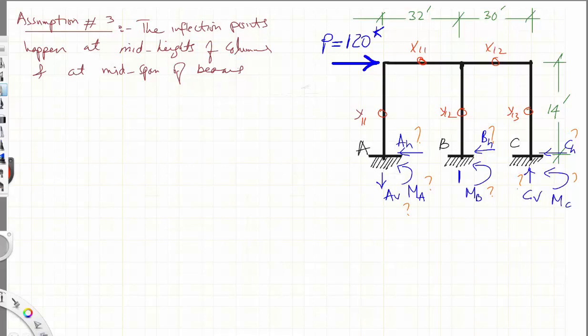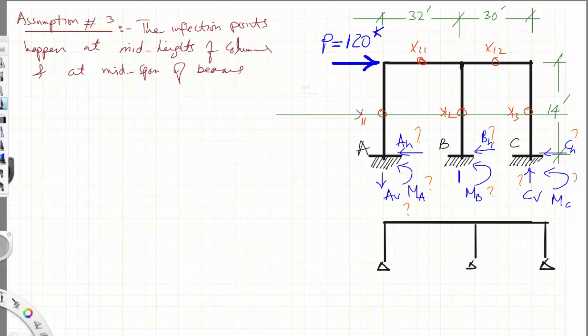Now if you look at this closely, you see I can break this frame at this level and treat it as the following, as if it is hinge. So knowing that, of course I have this 120.